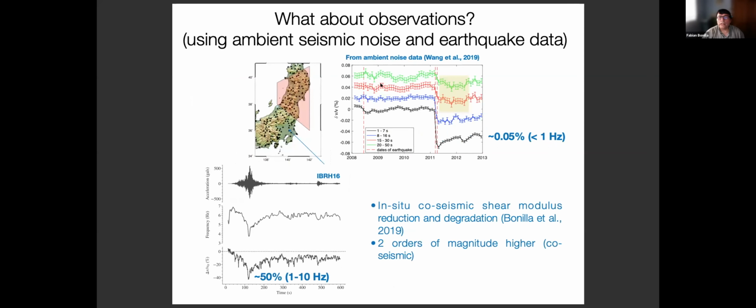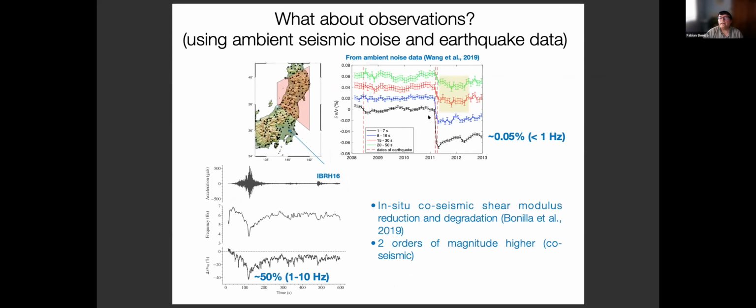So after the Tohoku earthquake, which was very well recorded in Japan, you have here, so these are not the earthquakes, they are the stations. So what you can see is that Wang in 2019 did the same thing, the cross-correlation, in order to obtain the velocity changes in this area.